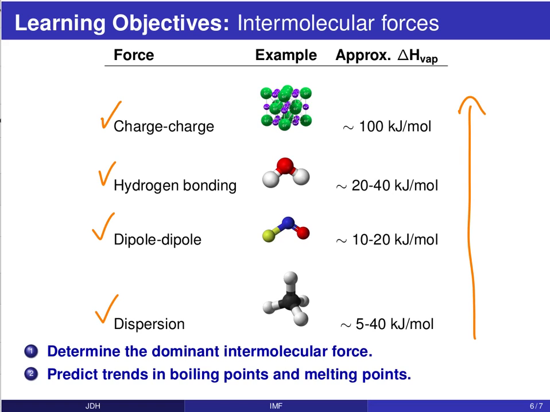And what we want to be able to do is use this information to determine, looking at a molecule, what the dominant intermolecular force is, and then use that to predict trends in boiling points and melting points. So basically, I could give you a couple molecules, and you want to be able to use the content that we're going to be talking about here shortly to predict which one of those molecules would have a higher boiling point or a higher melting point, and which one would have a lower.